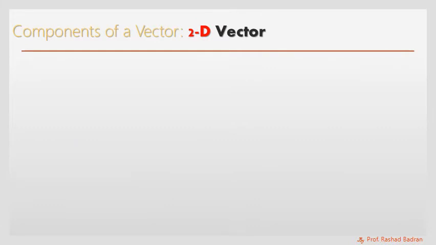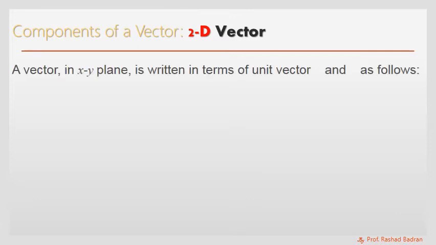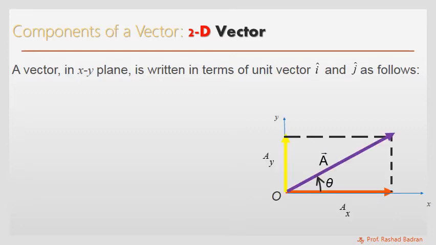In two dimensions, a vector is represented in terms of two unit vectors and two components. For example, if the vector is drawn in the xy plane, it can be written in terms of the unit vectors i hat and j hat, and it has two components, ax and ay, and the vector is written as follows.